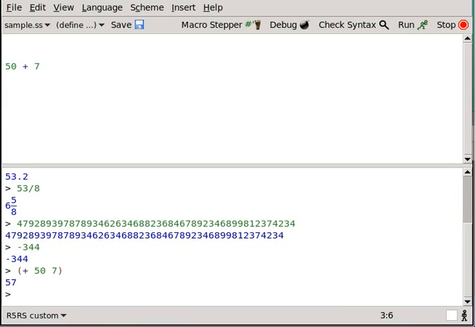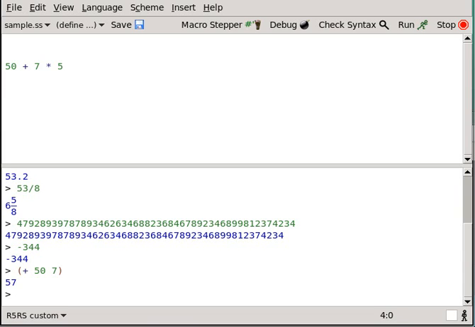So what if you had 50 plus 7 times 5? That's not particularly clear which one's going to be done first, except that we know that the multiplication goes before the plus. But in Scheme, the order of operation is sort of mandatorily programmed in.